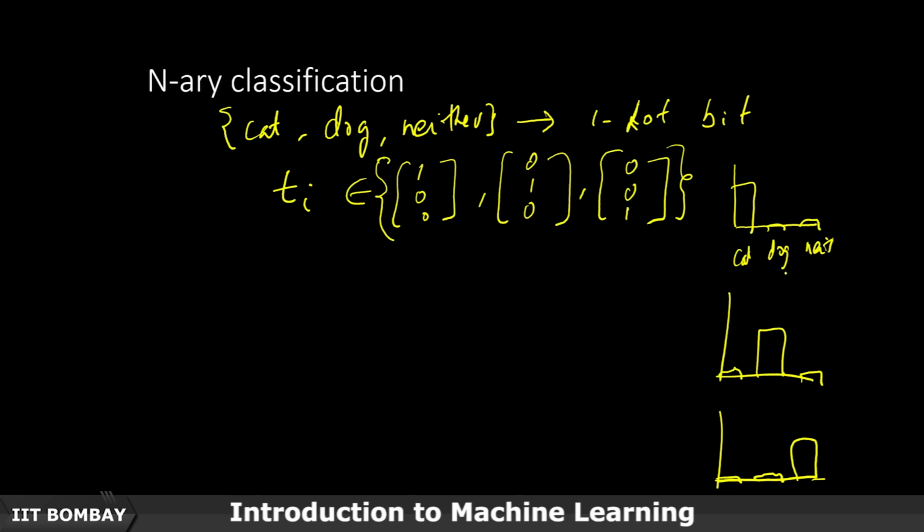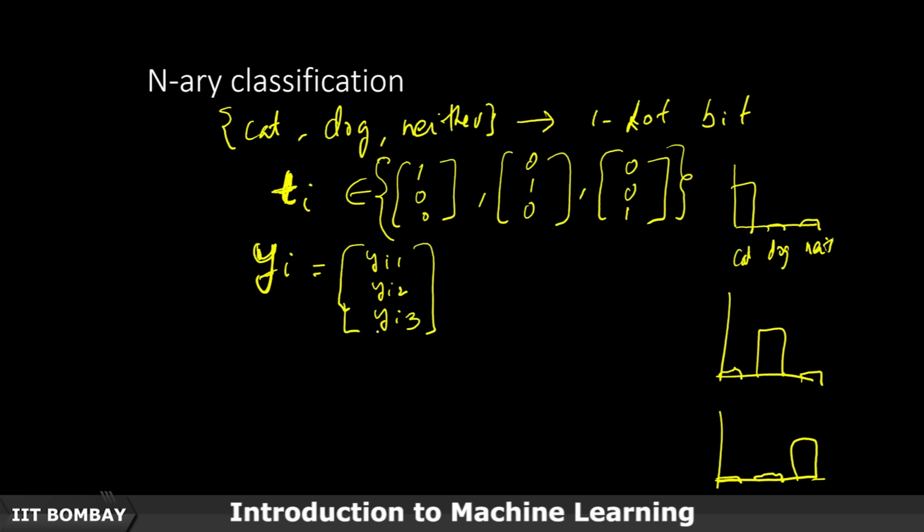Our output is going to be continuous, but it has to try to come close to this T. So this T is now going to be a vector, because there are 3 dimensions here. Similarly, our Y is also going to be a 3-dimensional vector, which we will call yi1, yi2 and yi3, or for whatever C number of classes, yic. I will just write 3 here for simplicity.